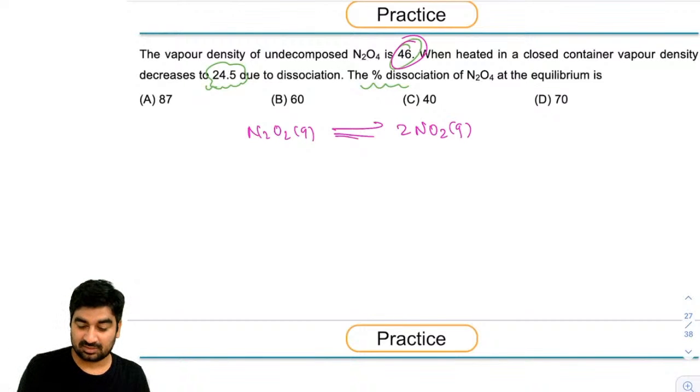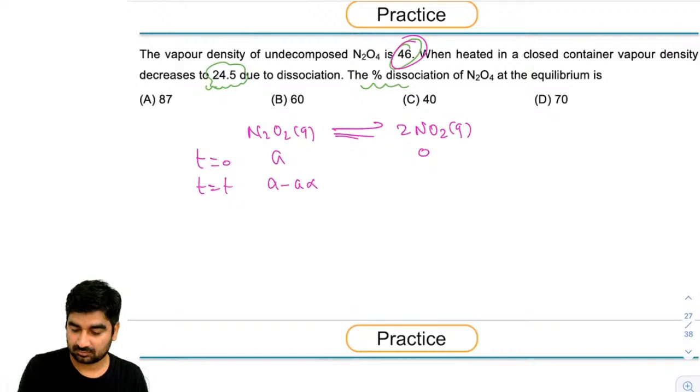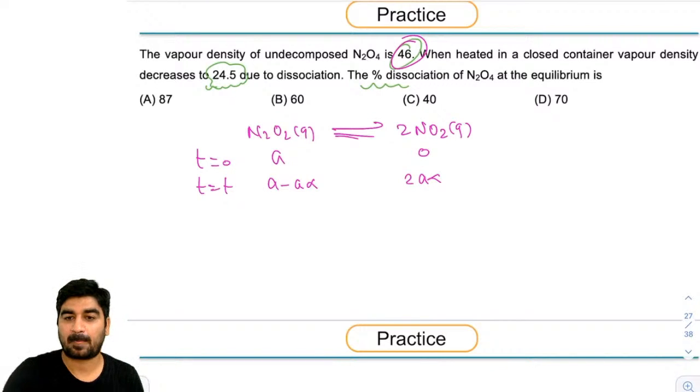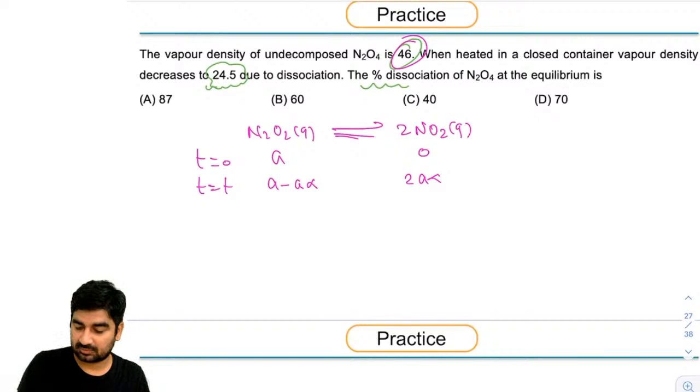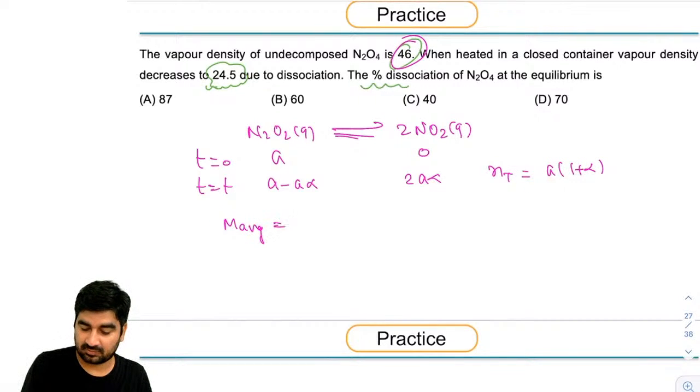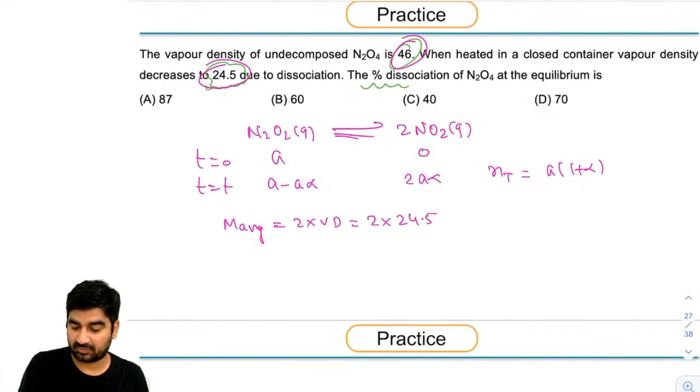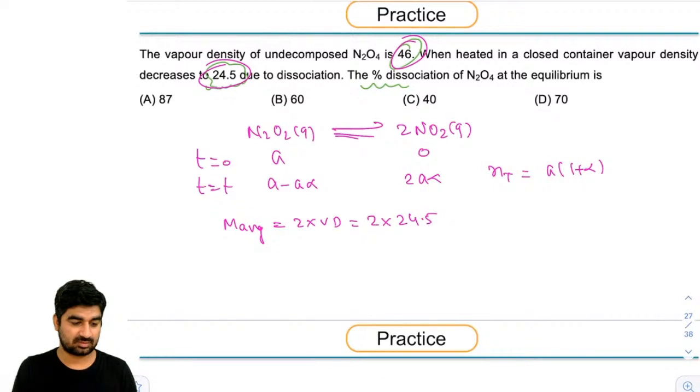So at t equal to 0, if you are taking it as a, after some time it will be 2a alpha. So what will be the total moles here? A into 1 plus alpha. So M average will be 2 into vapor density. So 2 into vapor density is 24.5, right?